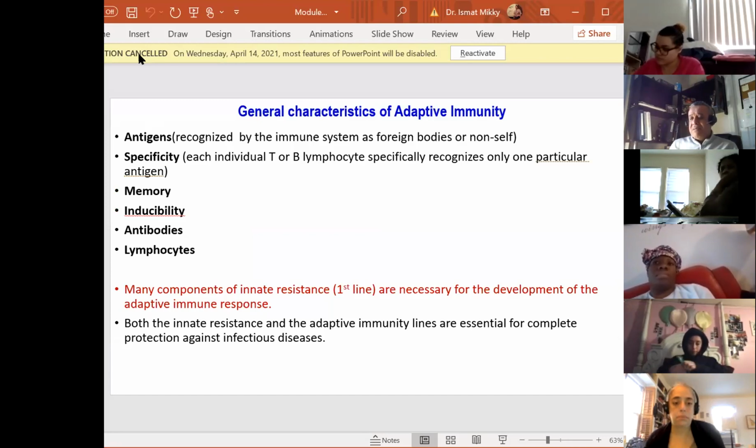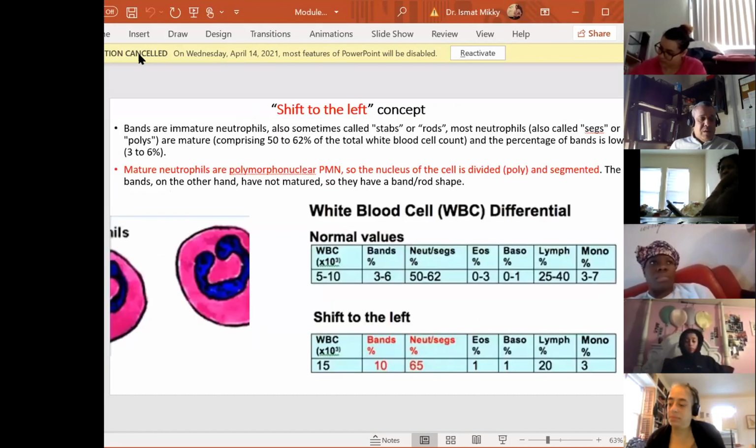If the white blood cells are 5 to 10 or 11,000, the bands should not account for more than 6%. If you see bands over 6%, like a patient with bands of 10%, that's a shift to the left phenomenon.